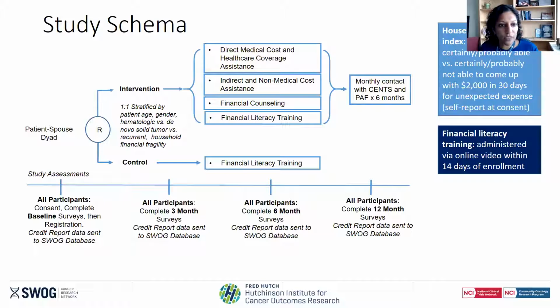In the intervention, patients and caregivers will receive financial assistance and counseling and navigation with our partners, Sense and Patient Advocate Foundation, as well as financial literacy training through an online series of videos. The control arm will receive the financial literacy training alone. The intervention will be delivered over the course of 6 months, and patients and caregivers will be asked to complete surveys over the course of a year. Next slide.